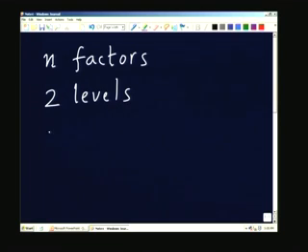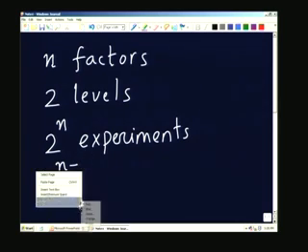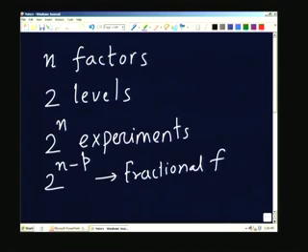And we know that we require 2 to the power of n experiments to resolve all the interactions. This is a factorial experiment. But what we were doing is 2 to the power of n minus, let us say, p; this is a fractional factorial experiment.